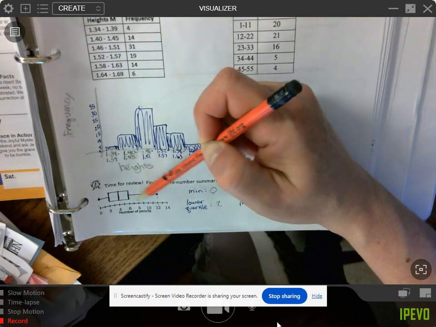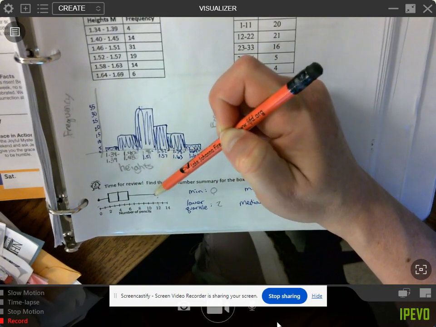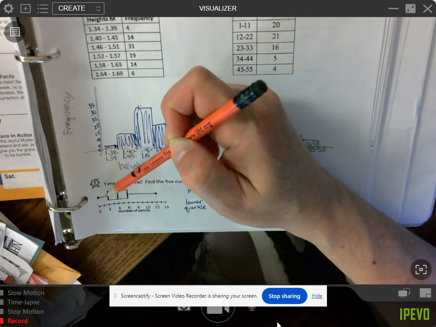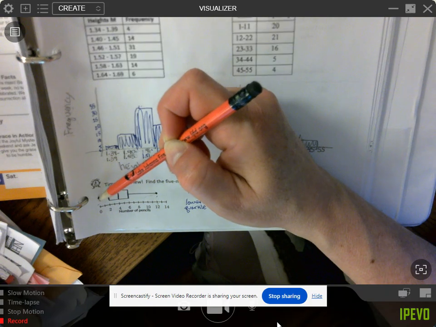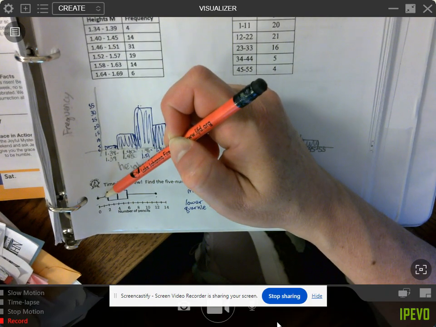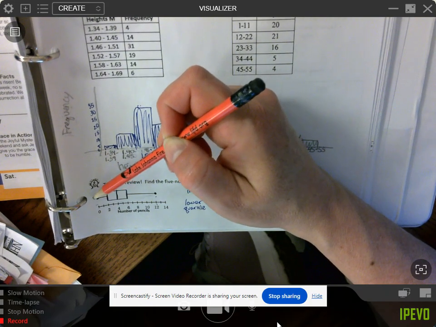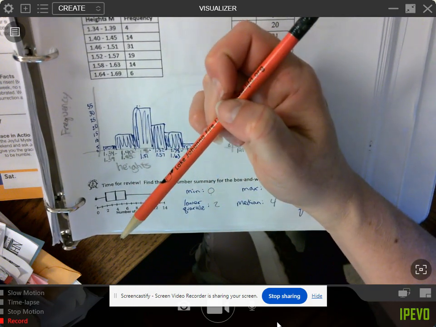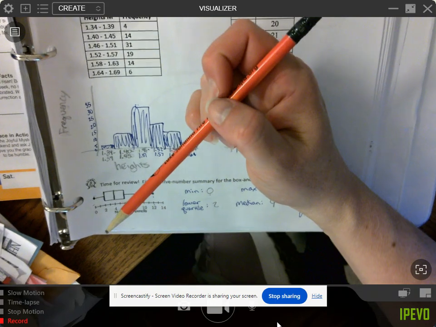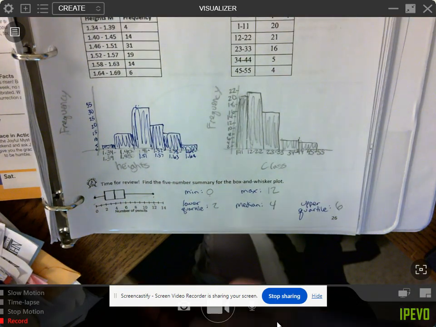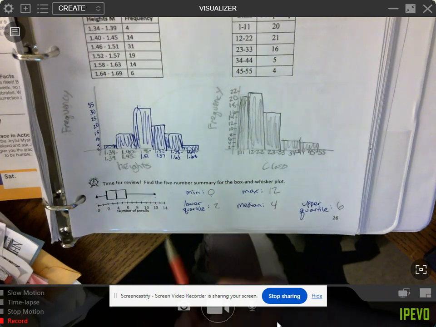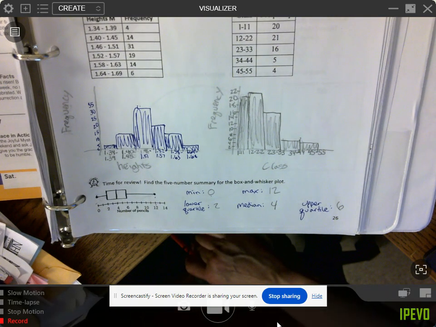Maybe there would be 5 people in this section that have between 6 to 12 pencils, and there's going to be 5 people in this section that have 0 to 2 pencils. So you have to remember that each of these sections has equal data points in it. So we divide by 4 to find out how many are in each section. Any questions on that box and whisker plot?